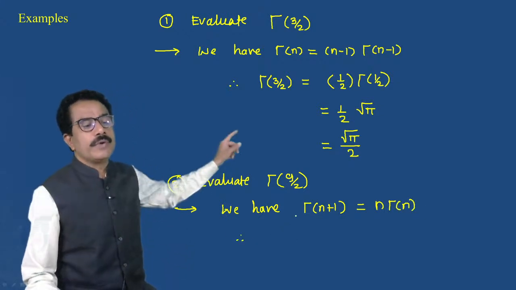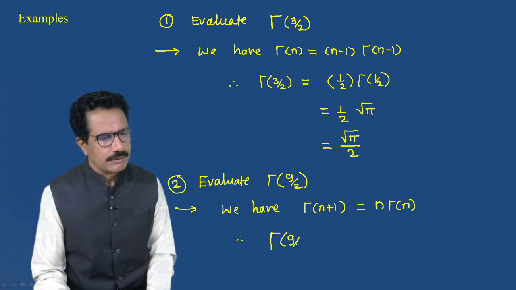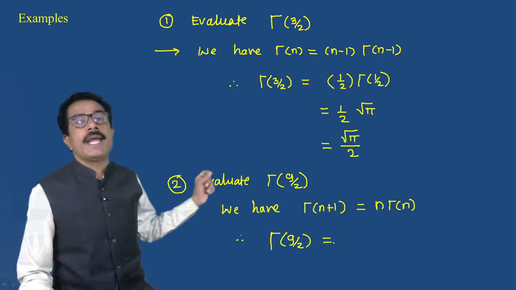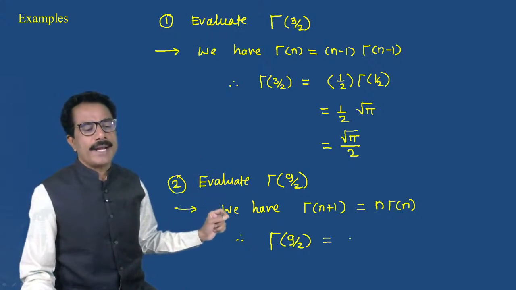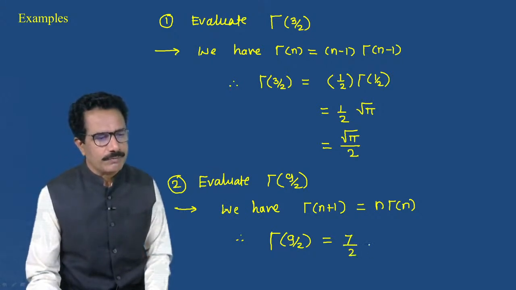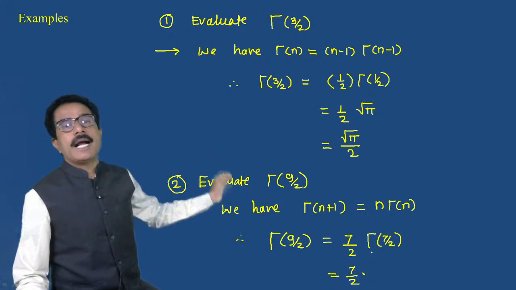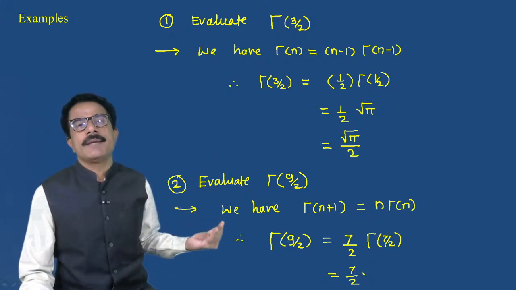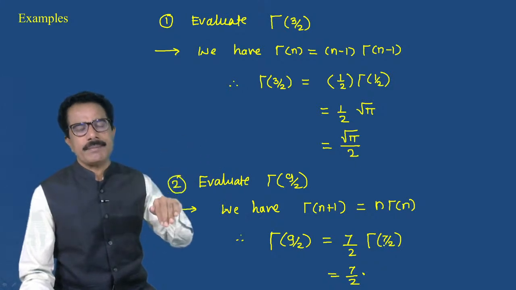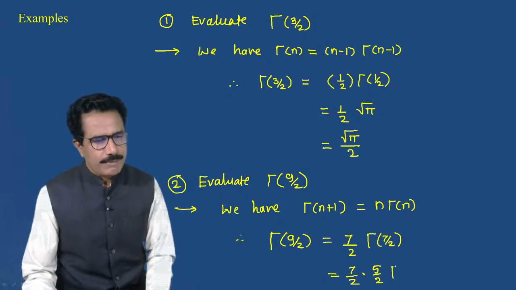Therefore gamma of 9 by 2 equals 9 by 2 minus 1 into gamma of 9 by 2 minus 1. 9 by 2 minus 1 is 7 by 2, so gamma 7 by 2. Again we write 7 by 2 into gamma of 7 by 2, decreasing by 1: 7 by 2 minus 1 is 5 by 2, gamma of 5 by 2.